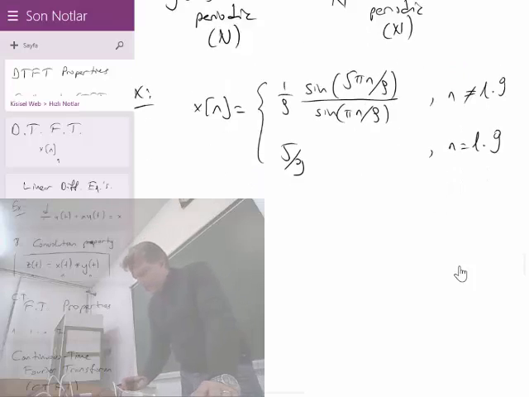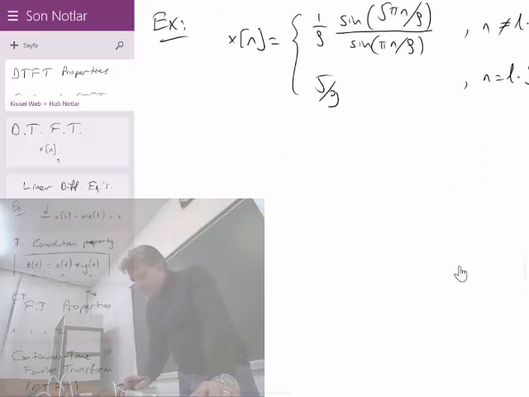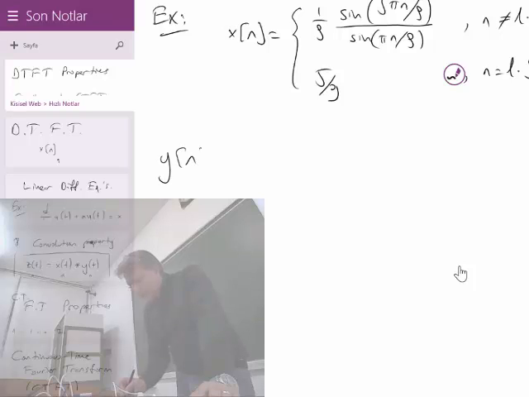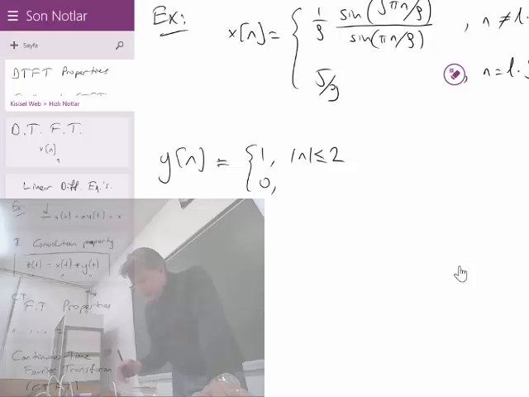If you had a different signal, let's call that signal y of n, to be equal to 1 for a duration from minus 2 to 2 and 0 for the magnitude of n greater than 2 and less than or equal to 4.